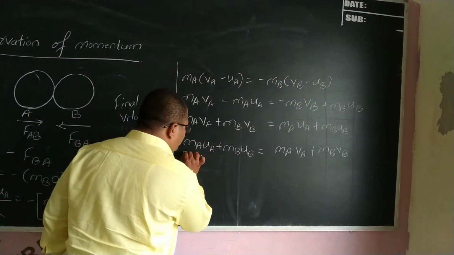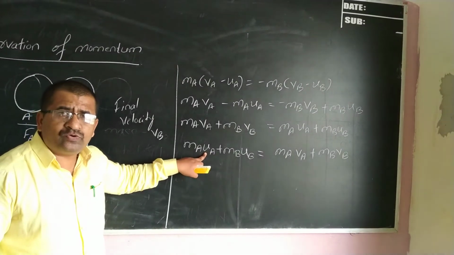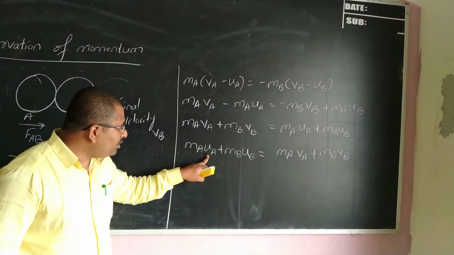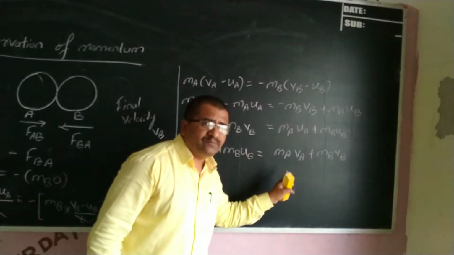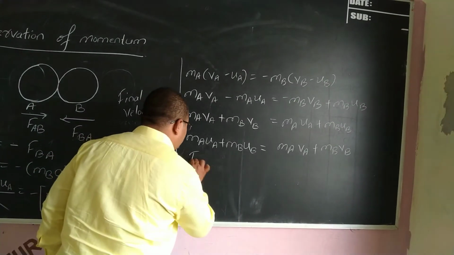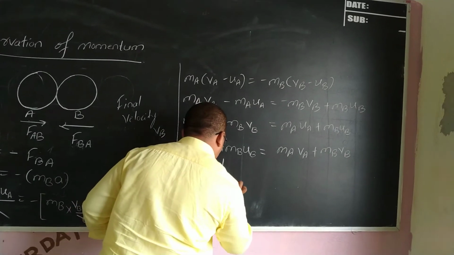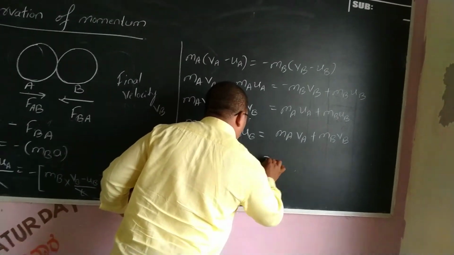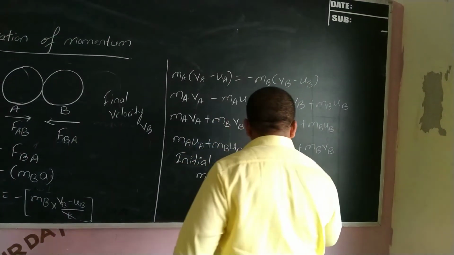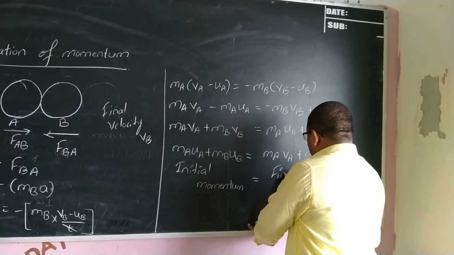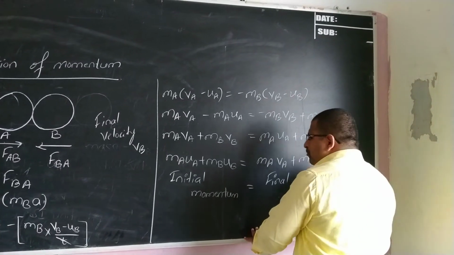That means the total momentum before collision, with initial velocities, is the initial momentum of the two objects, and it is equal to the final momentum, with final velocities vA and vB.